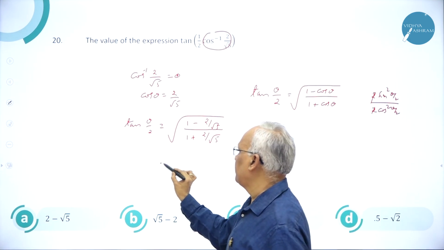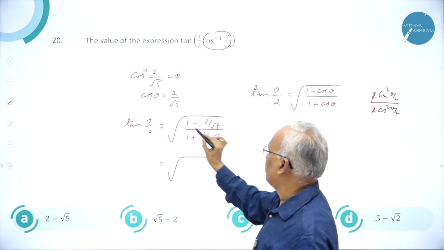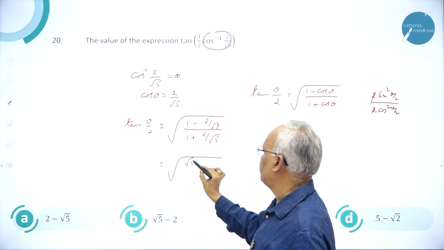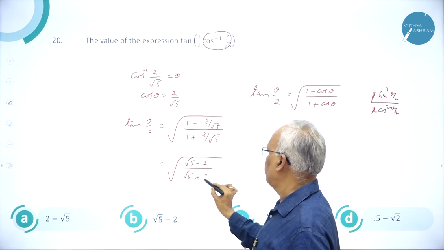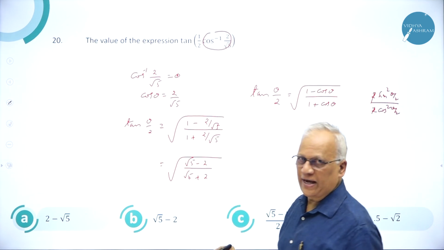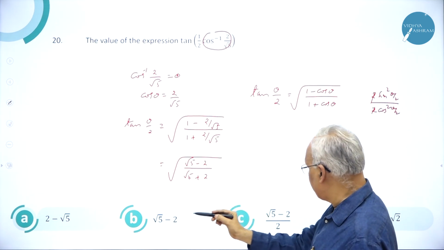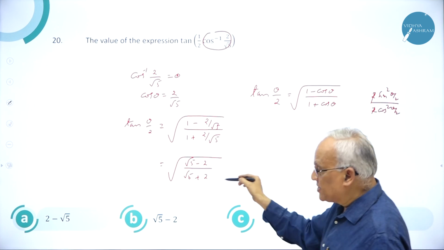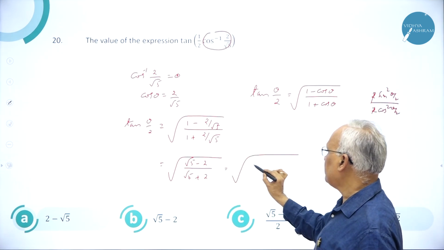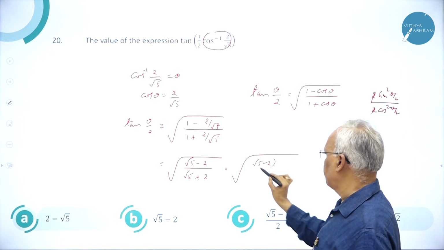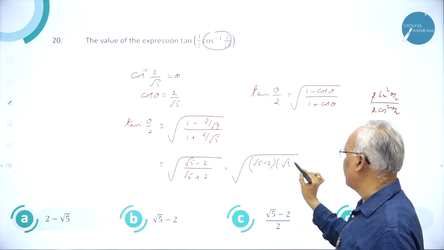Now you can simplify this quickly, because root 5 minus 2 numerator, denominator root 5 plus 2, because the root 5 cancels. Now you can simplify this further. So what you need to do, root of root 5 minus 2 into root 5 minus 2.